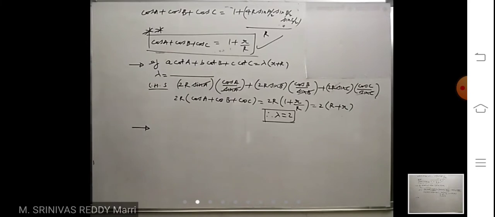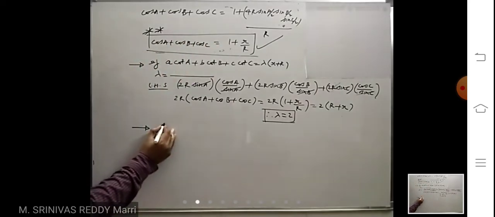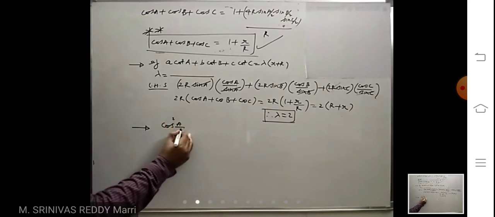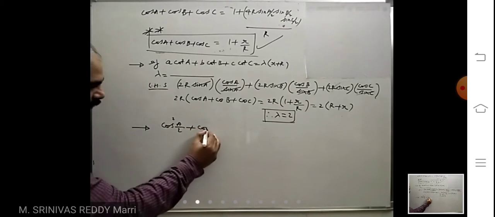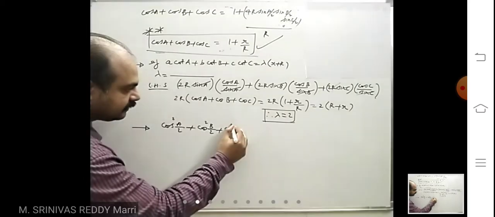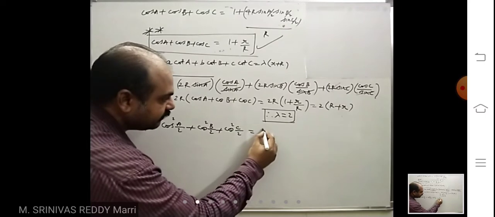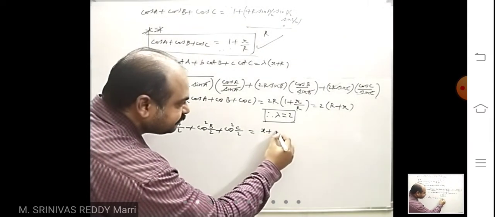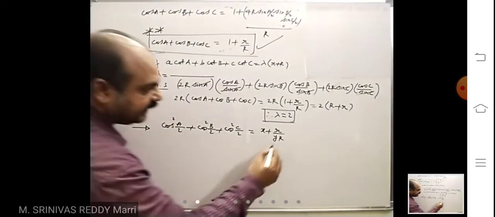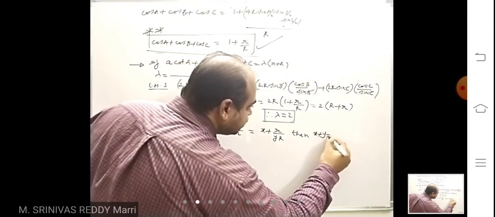Look at them. Another application. Whenever you have this, this is the use. Another application: look at cos square A by 2 plus cos square B by 2 plus cos square C by 2 equals x plus r divided by y into capital R. Then x plus y equals dash.